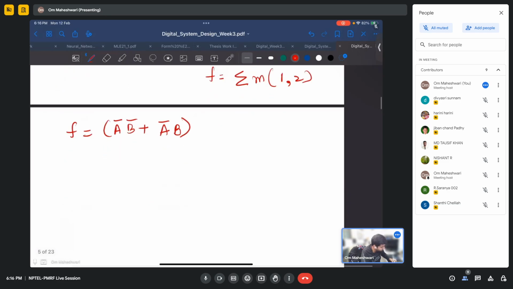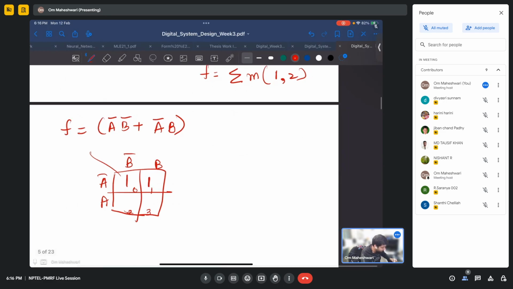In the K-map, how you would represent it is a bar, a, b bar, b, 0, 1, 2 and 3. So a bar b bar and a bar b are 1, and these are not used. So this is sigma m 0 comma 1, right?